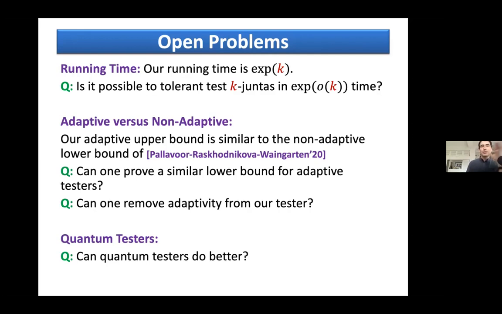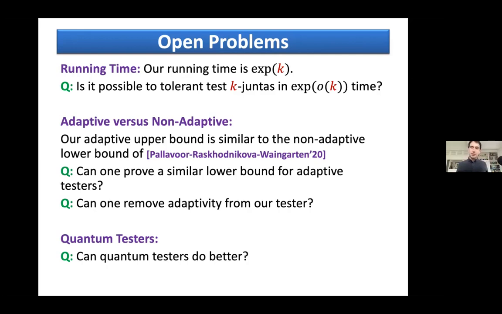So our algorithm is composed of two steps. For one of these steps, we can improve the running time exponentially. But for the second step, we don't know how to improve at all. When the function depends on only the low degree part, we don't know how a quantum tester would work faster.